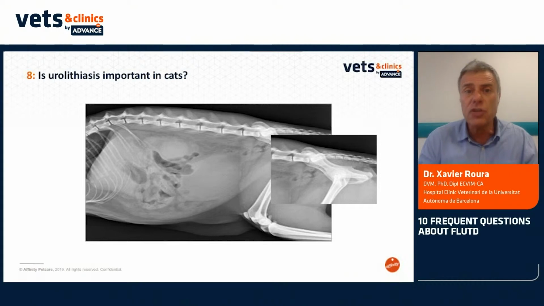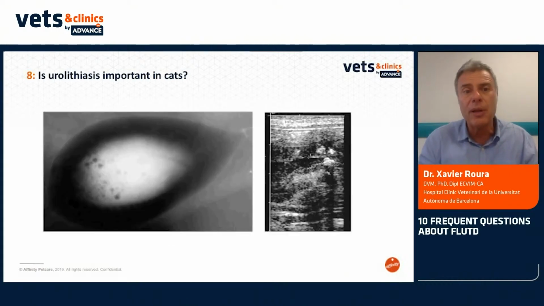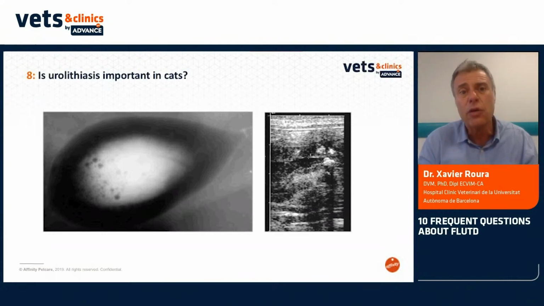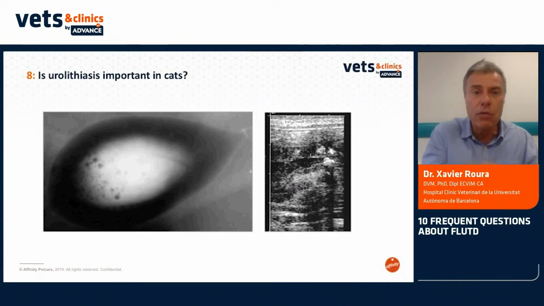In other situations, we will probably need abdominal ultrasound to localize uroliths in other positions, or to localize uroliths that cannot produce opacity on the X-ray, or in the bladder.